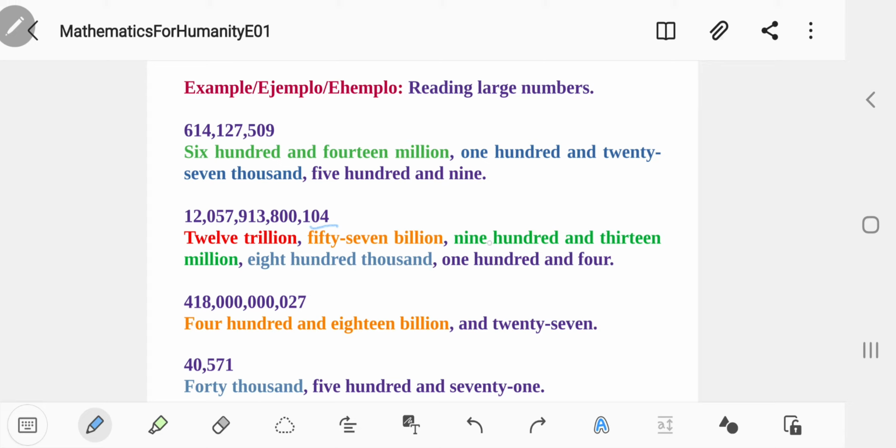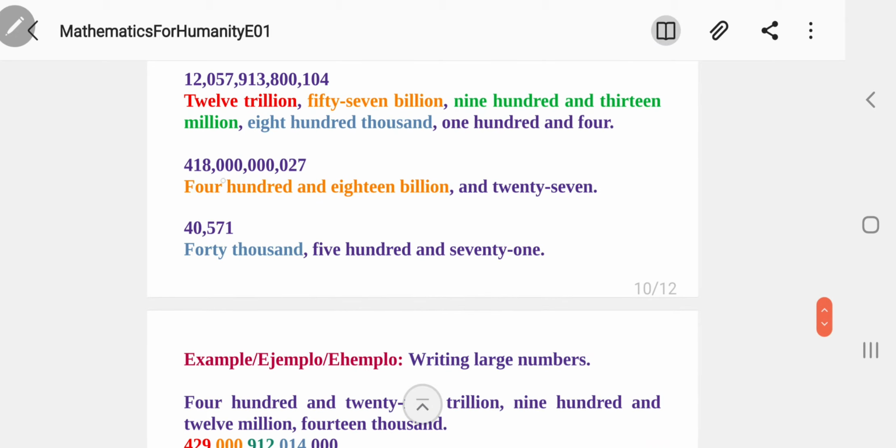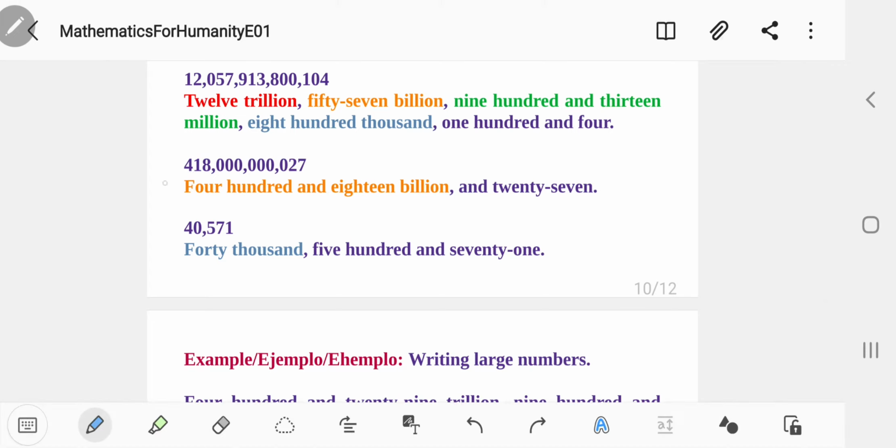Next example. You have here 12 digits. You have the first group, 418. This is in the billions place. So you have 418 billion. But the numbers for the millions place and the thousands place are 0, so you don't have to read them.